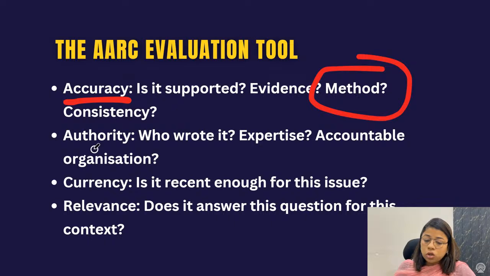Authority means who wrote it. If the climate change source is written by a person who is already working in a relevant department, maybe you can consider a doctorate on climate change. Yes. A blogger's authority goes a little lower. Or a blogger who has been consistently posting about climate change.